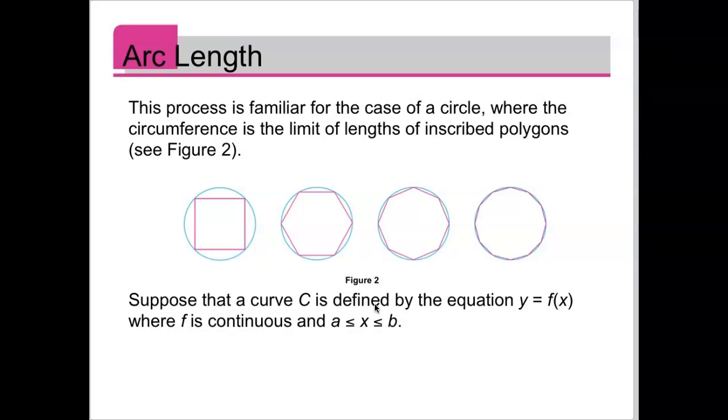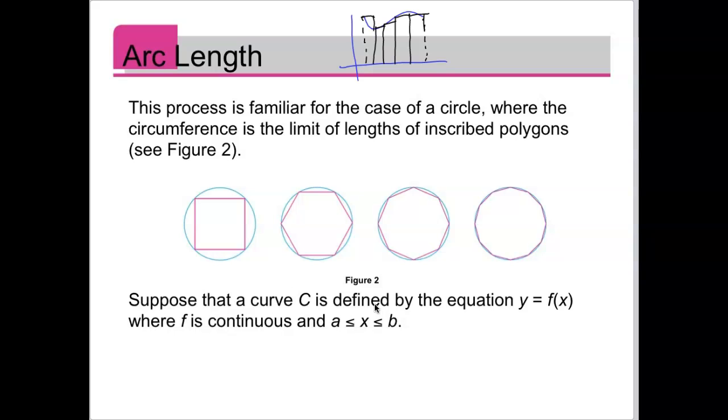The process is going to be pretty similar to the way we found volume or area, right? So when we found area, we would start with, here's my generic curve. We would start by dividing the interval into subintervals, and then we would create rectangles and get an estimate of that area by adding up the areas of the rectangles.